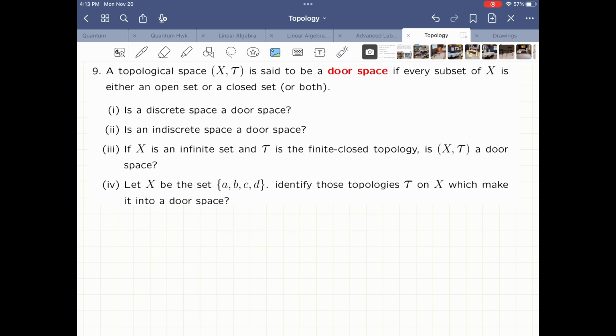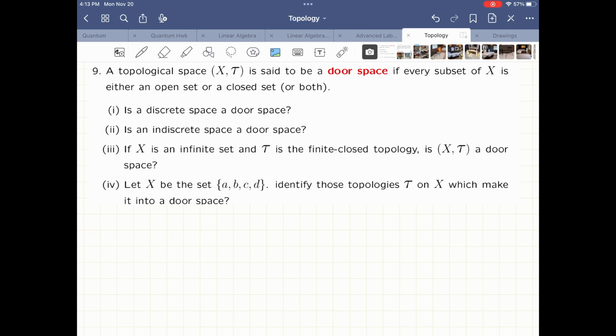First off, we start with the definition of a door space: a topological space is said to be a door space if every subset of X is either an open set or a closed set or both. It doesn't mean that all of them have to be the same thing. Some sets can be open, some sets can be closed, or the sets can be both open and closed, meaning clopen.